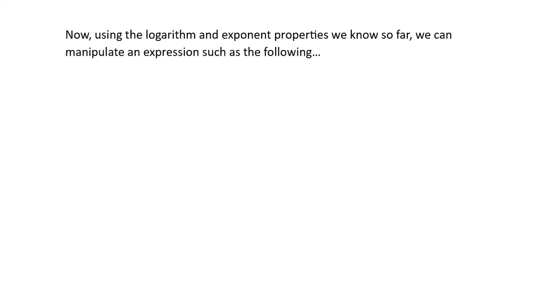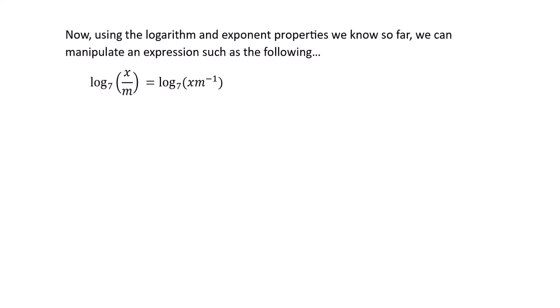Now, using the logarithm and exponent properties we know so far, we can manipulate an expression such as the following. Log base 7 of x over m. Our exponent properties tell us that this is equivalent to log base 7 of x times m to the negative 1.